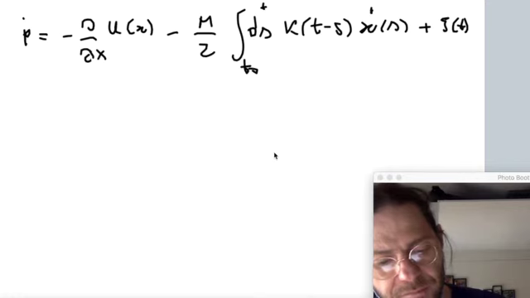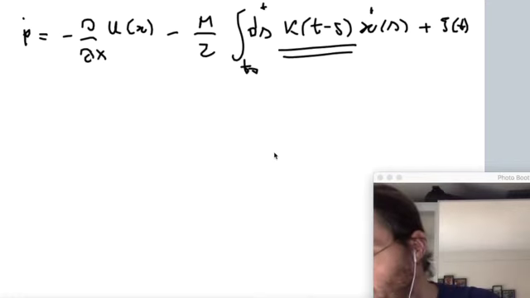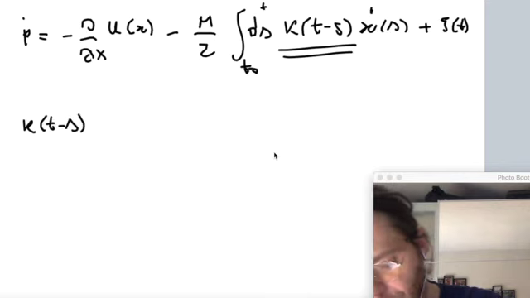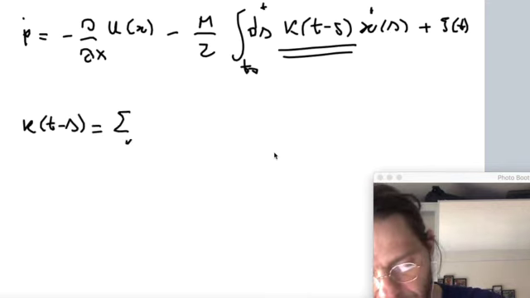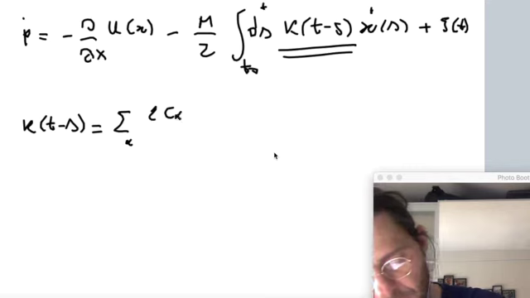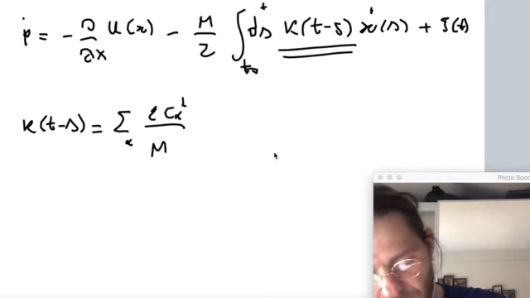Now, this term here reads as follows. Well, not surprisingly, it is proportional to the coupling.